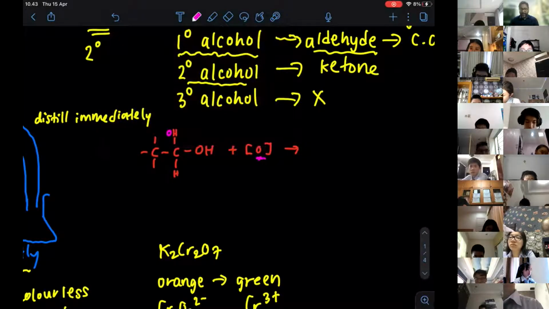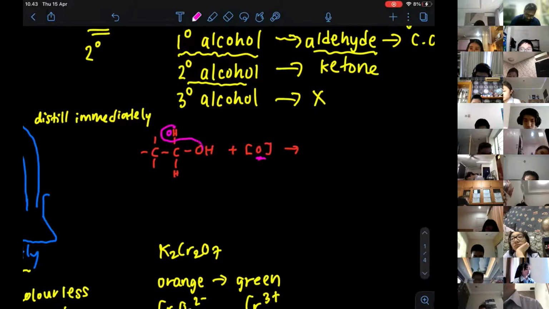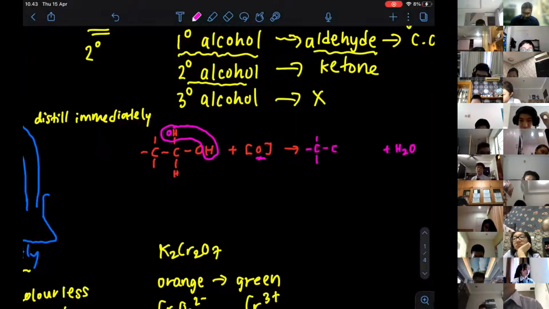Once it goes there, the bond from here will be broken to give you water. So you are going to get water, and you are going to have CH3CH double bond O. You already have the aldehyde.